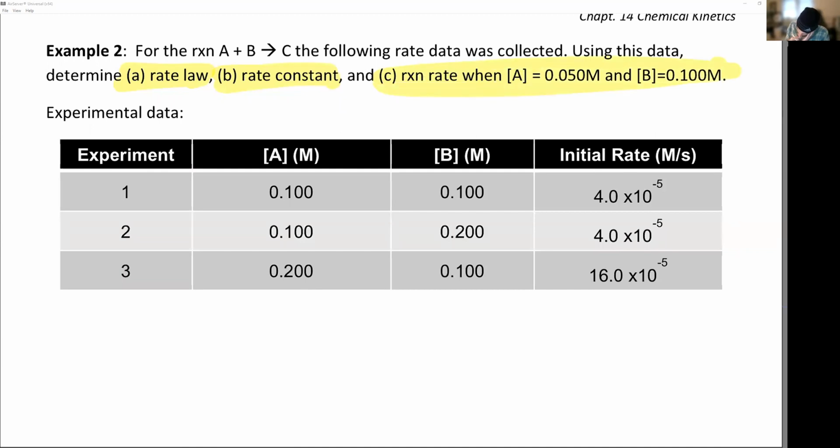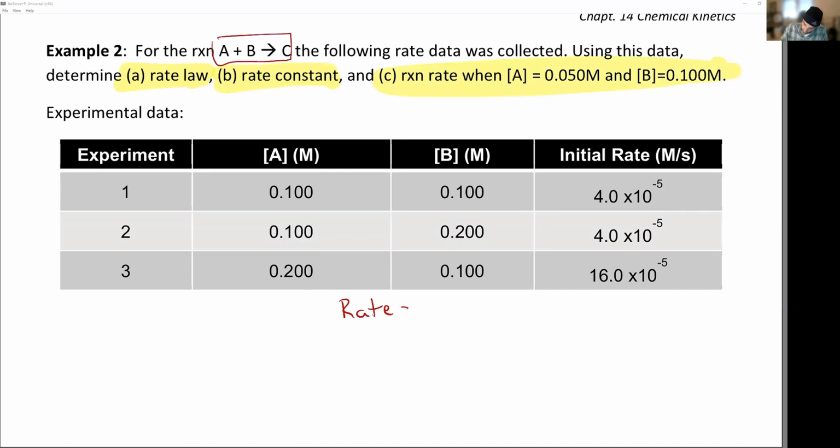Here we go. So this is the experimental data. We ran experiments, looked at initial rates, and this is what we've got. So this is how we do a calculation like this. First and foremost, write out the generic rate law for this.